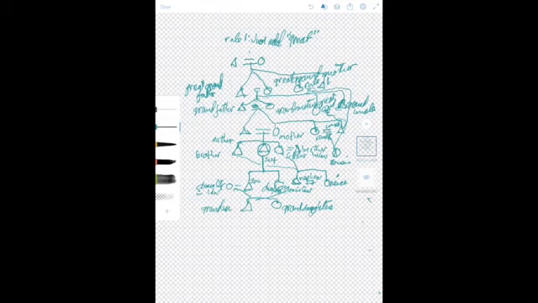And finally, if we come down to nephew-niece and ask, what is the son-daughter of nephew-niece? We get the daughter is grandniece. The son is grandnephew.